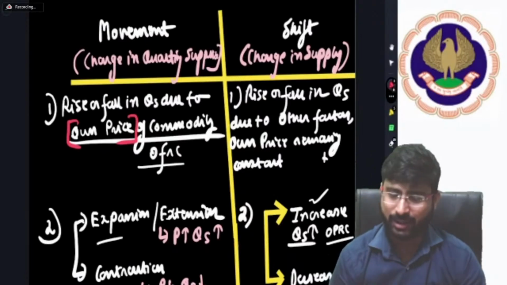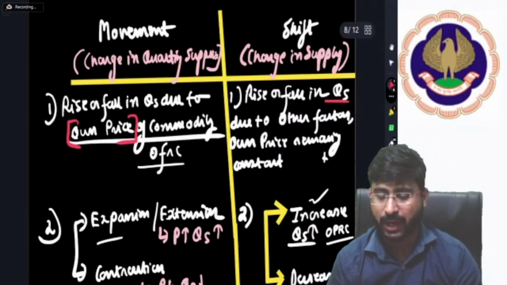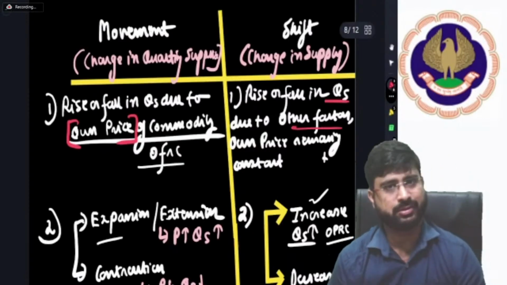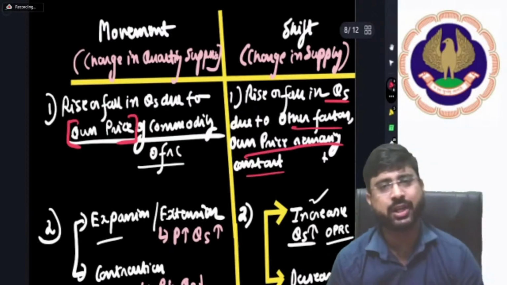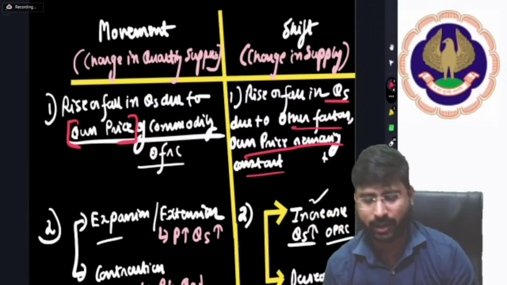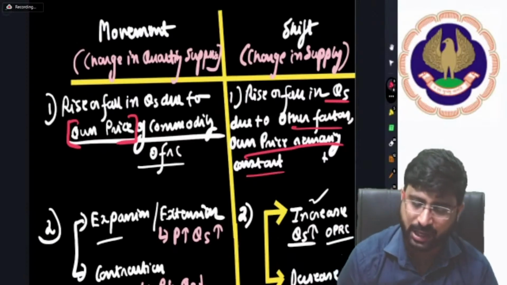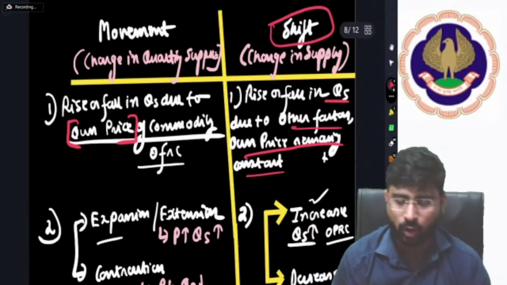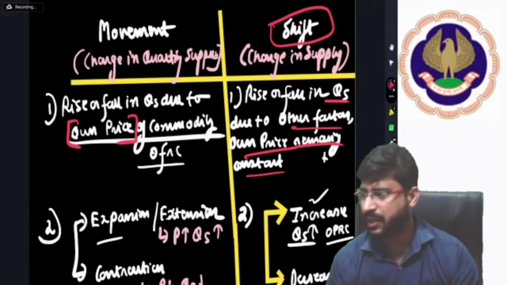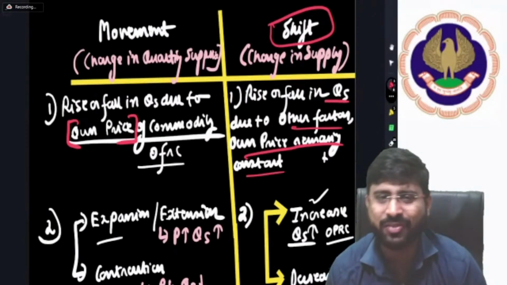But whenever there is a rise or fall in quantity supplied due to other factors, own price remaining constant, that, my dear friends, is what we call a shift in supply.